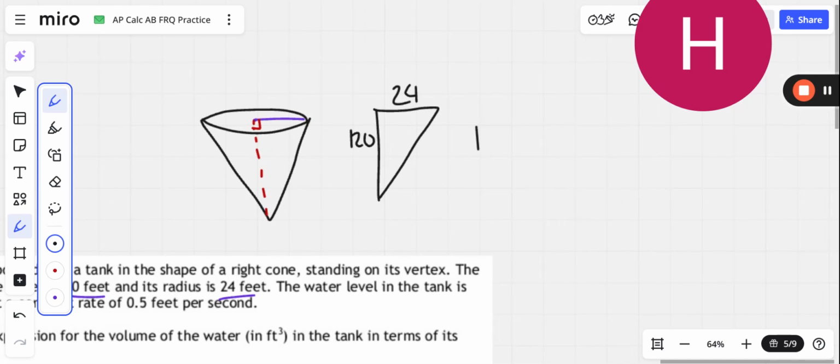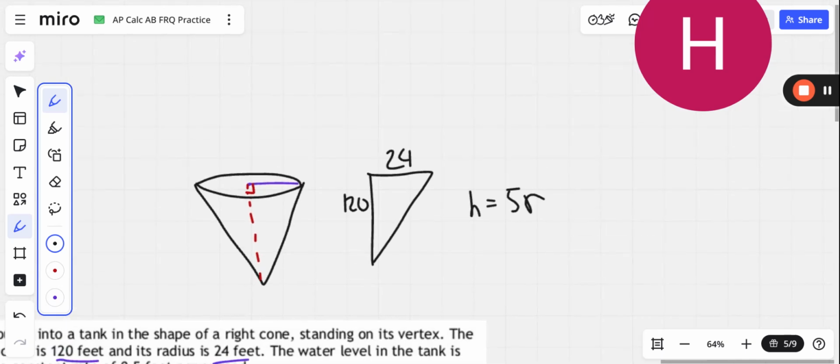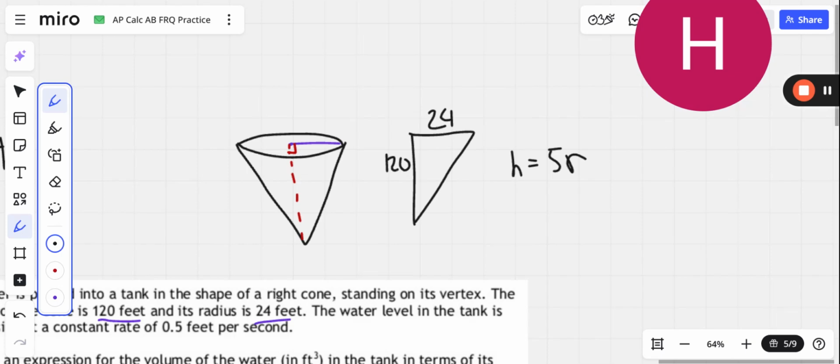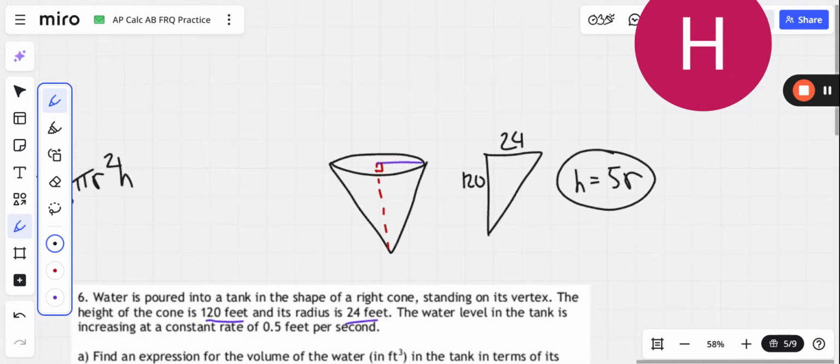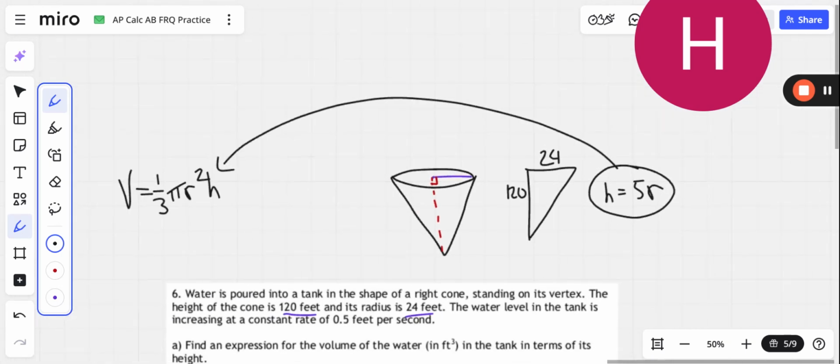So we can say that h equals 5r. If you just make a proportion, you can do that too. You can say that 120 over 24 equals h over r, and then you simplify that, you get h equals 5r. So now we can use this to replace the h value if needed, or if we want to replace the r value, we can replace r with 1/5 of h.